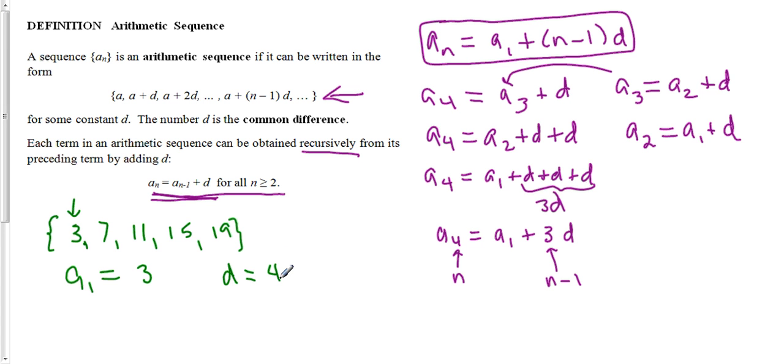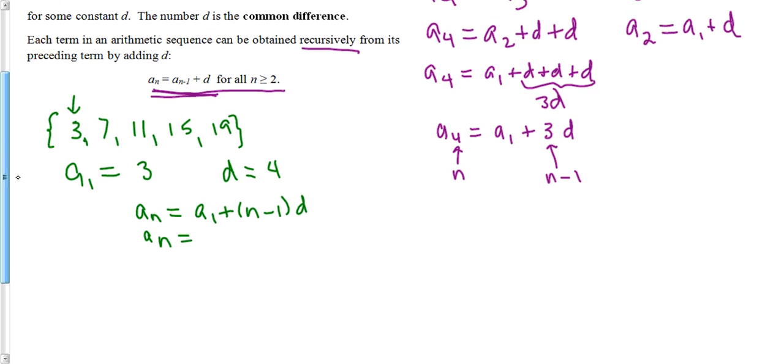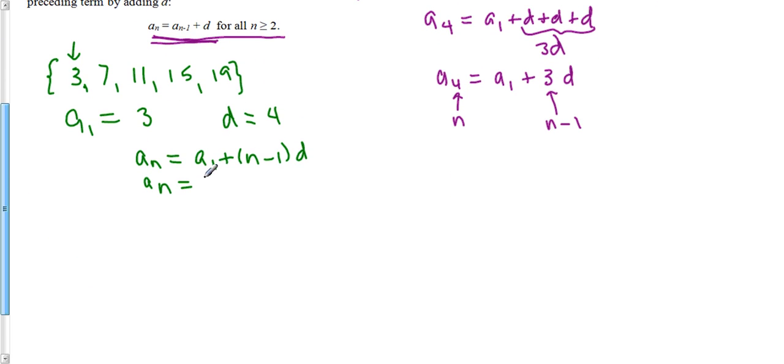If I wanted to write the general formula, I could substitute in the information that I have. Remember, my general formula is a_n is equal to a_1 + (n - 1) times d. So if I substitute in here, a_1 is 3, I've got n - 1, and that's going to be times that common difference, which is 4.